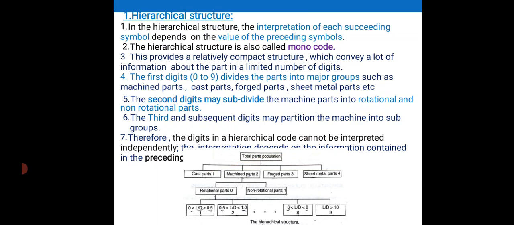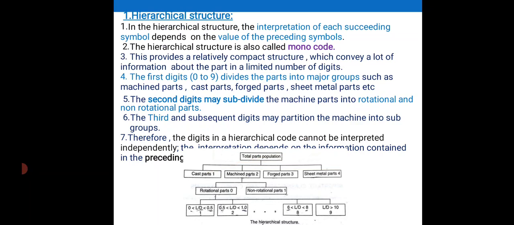The first digit, 0 to 9, divides the parts into major groups such as machined parts, cast parts, forged parts, sheet metal, etc. The second digit may subdivide the machined parts into rotational and non-rotational. The third and subsequent digits may partition the machined parts into subgroups. Therefore, the digits in the hierarchical code cannot be interpreted independently.